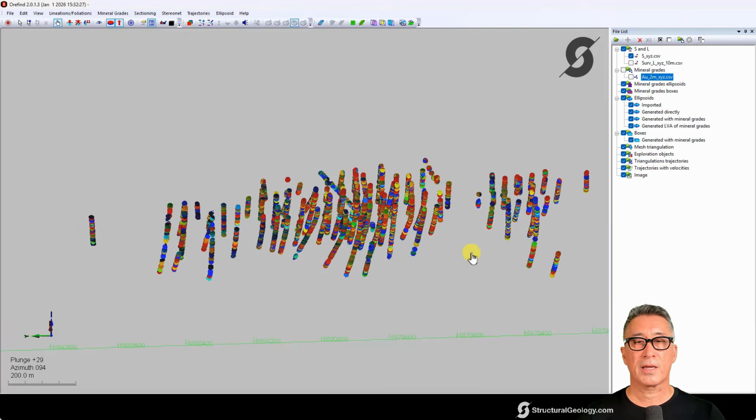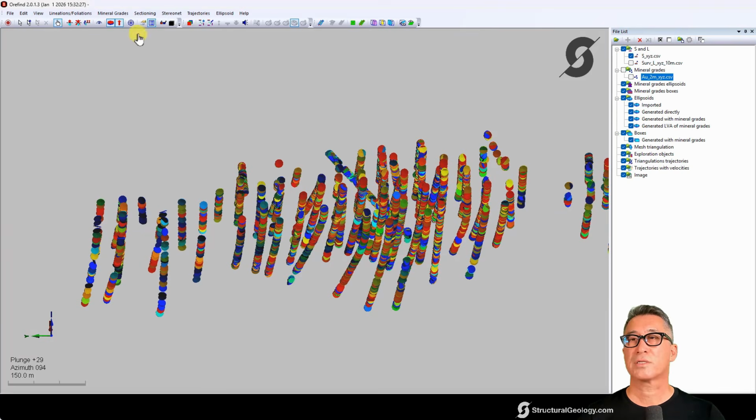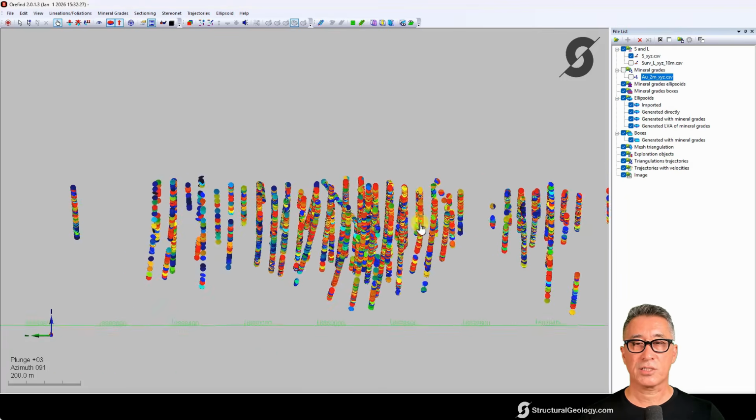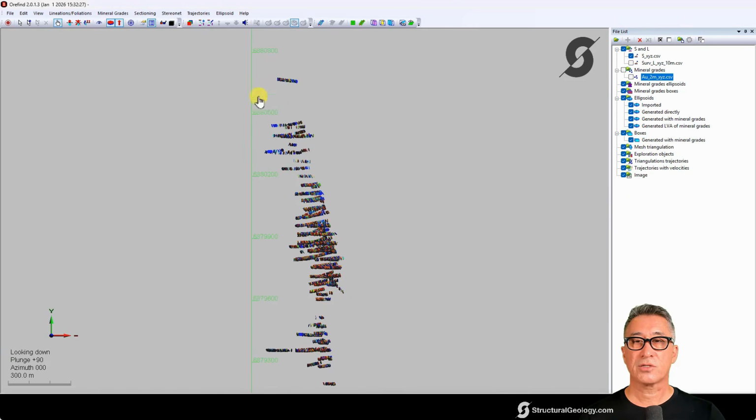I can generate angular density, so I can actually show this as an angular density plot, and these are the drill plunges. So okay, we have that information, right? That the foliations are orientated in a certain orientation.